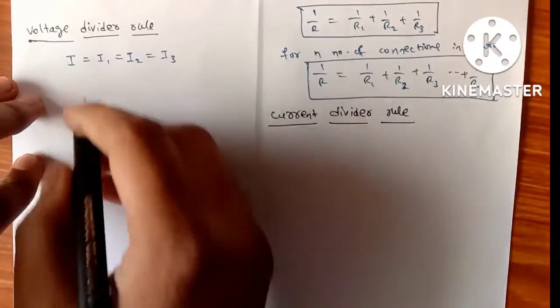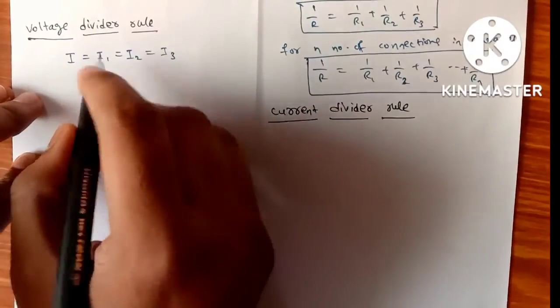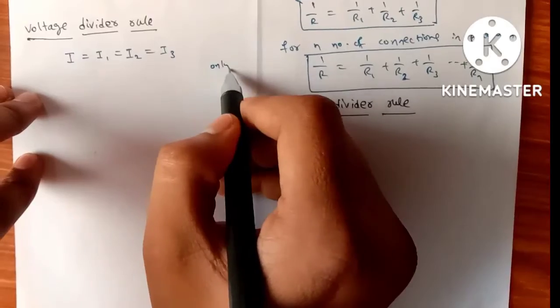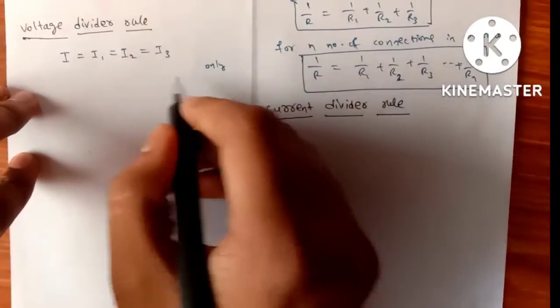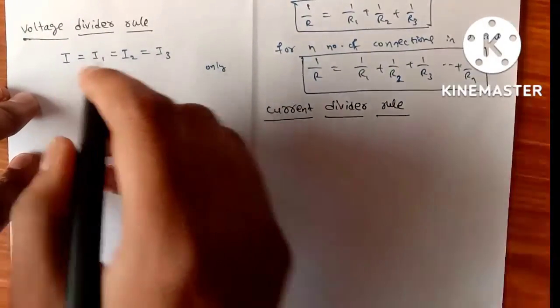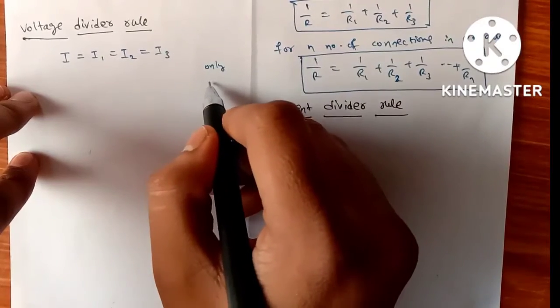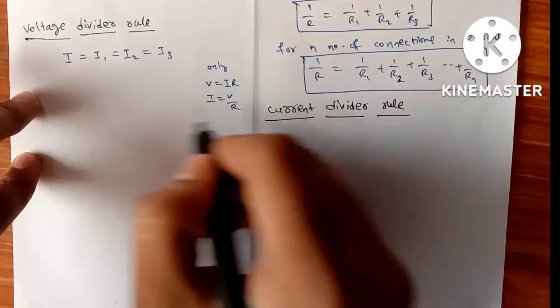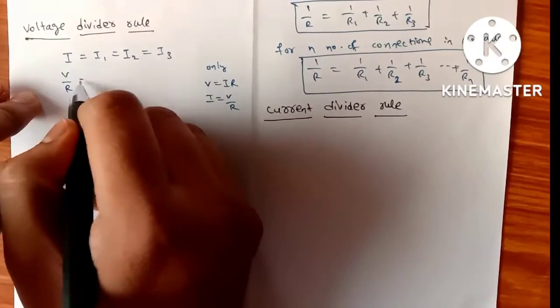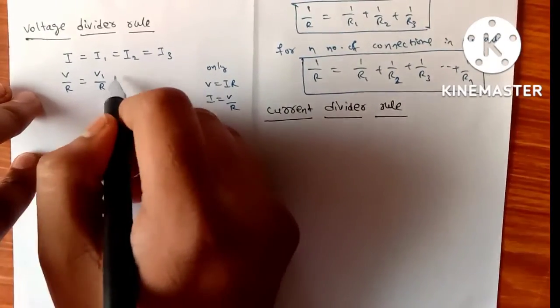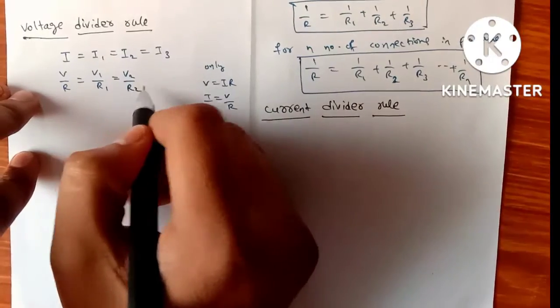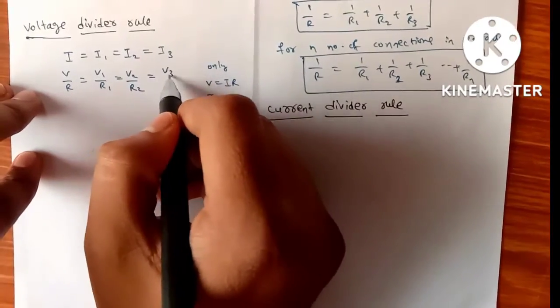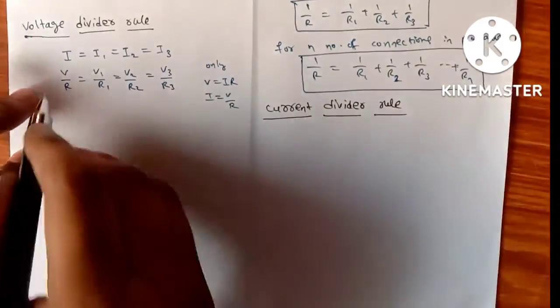Then from Ohm's law, only V is different at each resistor. Now V is equal to IR, I is equal to V by R. So V by R equals V1 by R1 equals V2 by R2 equals V3 by R3.